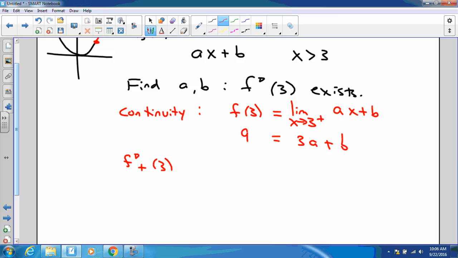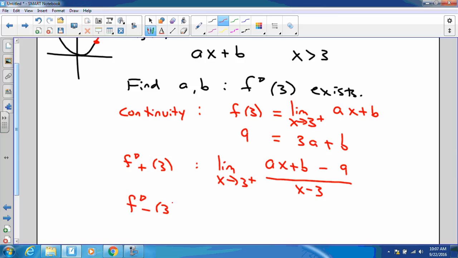What about f prime plus of 3 then? What I'm going to require there is that the limit as x goes to 3 from the right of ax plus b minus f of 3, all of that over x minus 3, has to equal the derivative from the left, which we already found is 6.